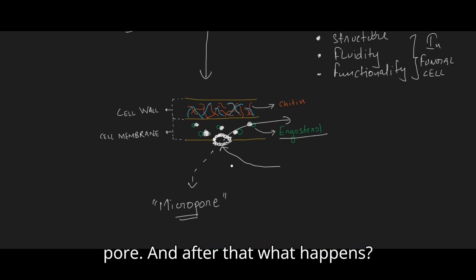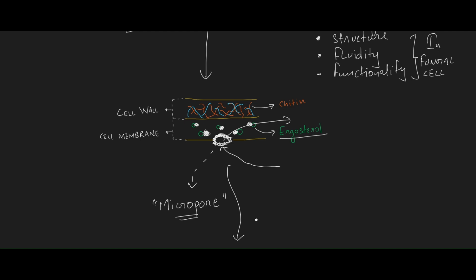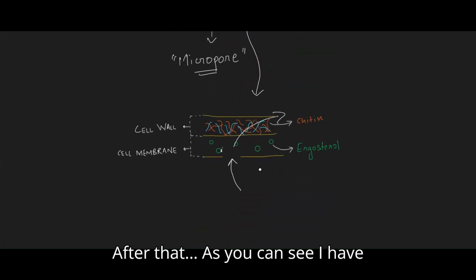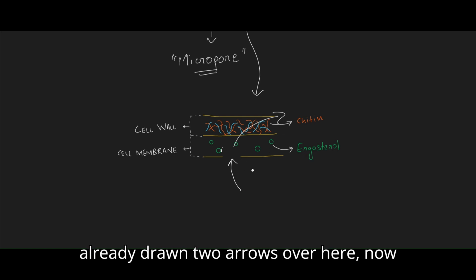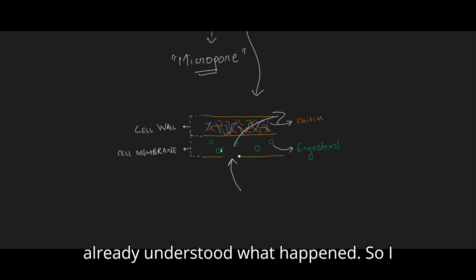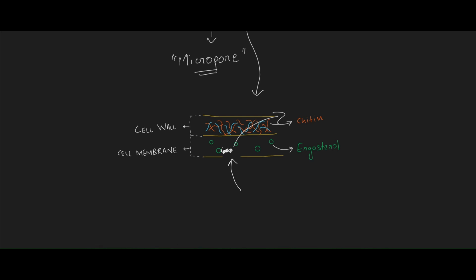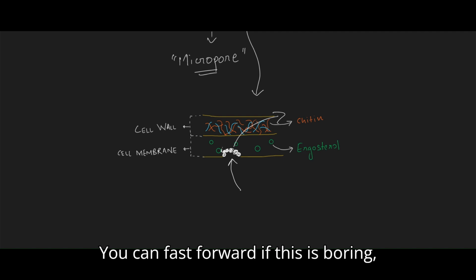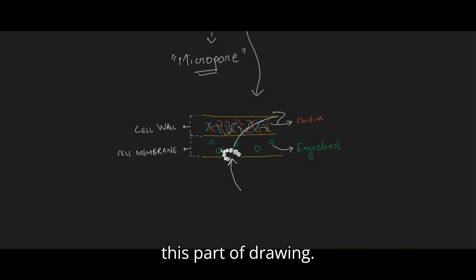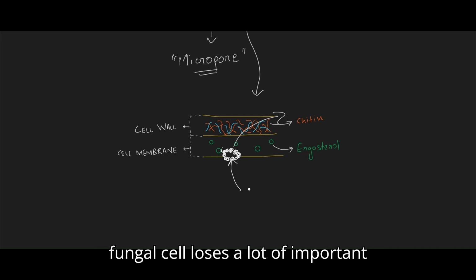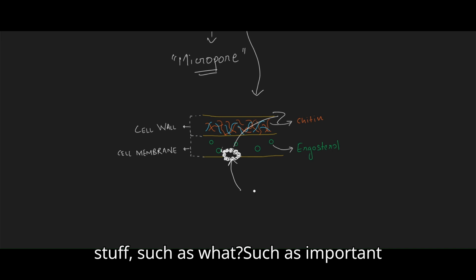And after that, what happens? As you can see, I've already drawn 2 arrows over here. You must have already understood what happened. So I'll just draw the micropore again. You can fast forward if this drawing part is boring. Now once this micropore is formed, the fungal cell loses a lot of important stuff, such as important ions.